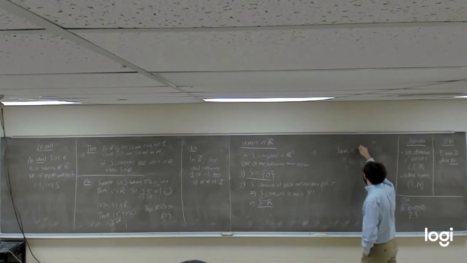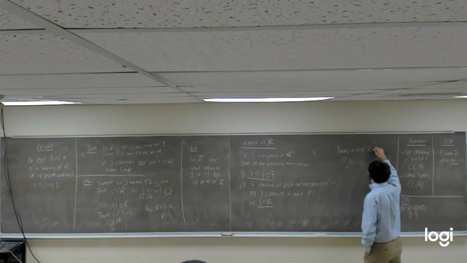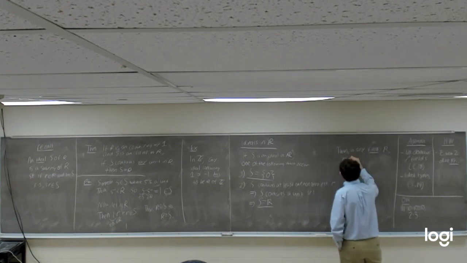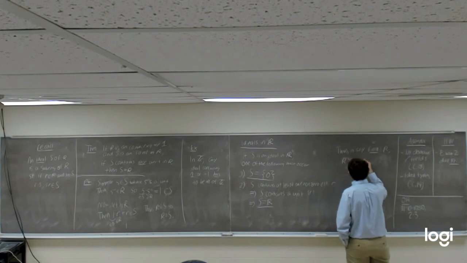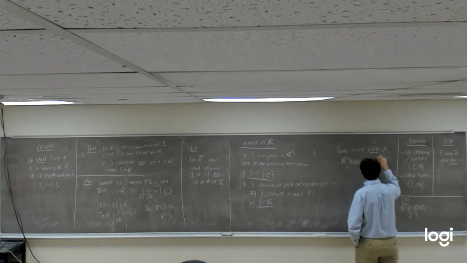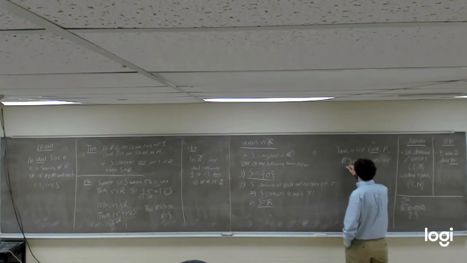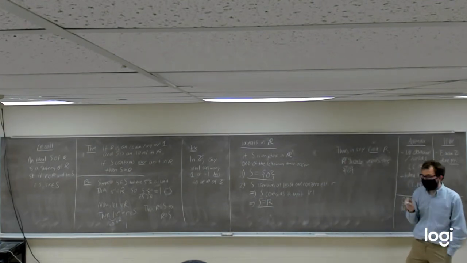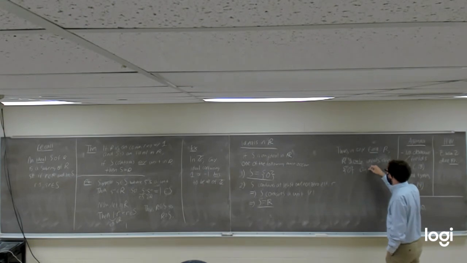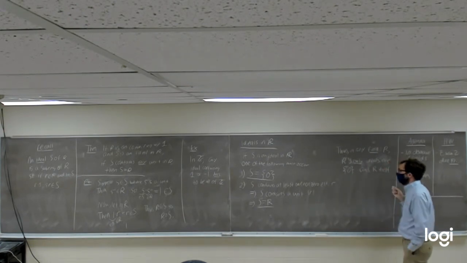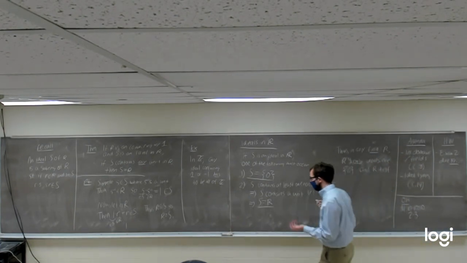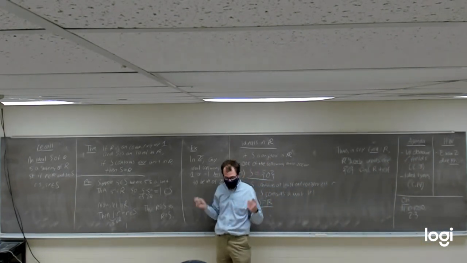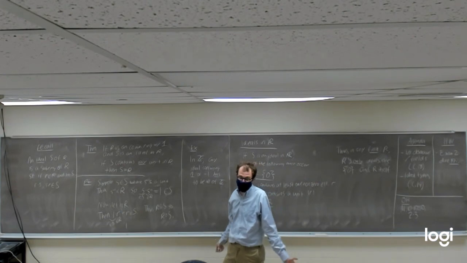Thus, we can say in any field R, our only ideals are the trivial ideal, the subring containing only the number 0, and R itself. Any ring that's a field will only have two ideals, the entire ring and literally just the 0 element.